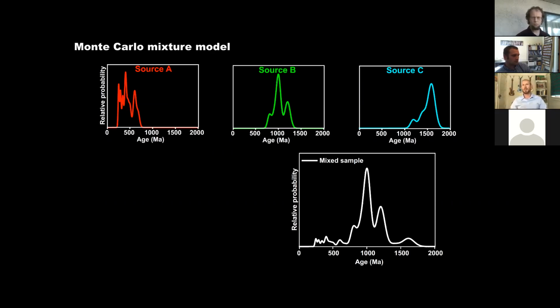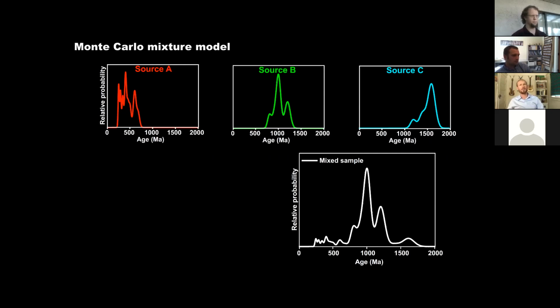For us, the random variability is randomly mixing sources A, B, and C to come up with hundreds, thousands, or tens of thousands of forward models to compare to this mixed sample. Then we will use the quantitative metrics that we've talked about earlier in the course to figure out what are the best mixtures, and then see if we learn something, right?